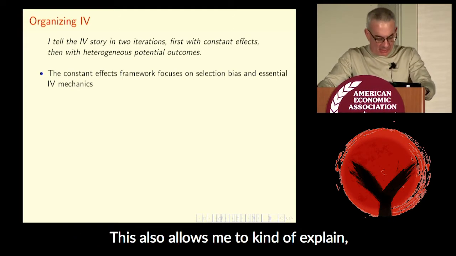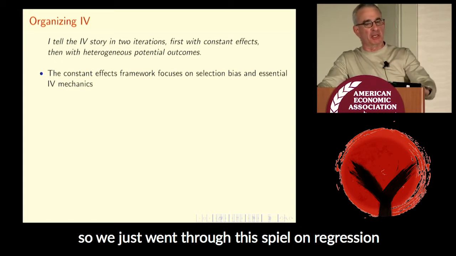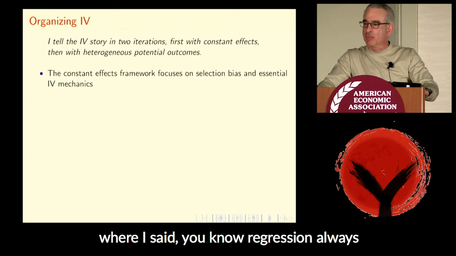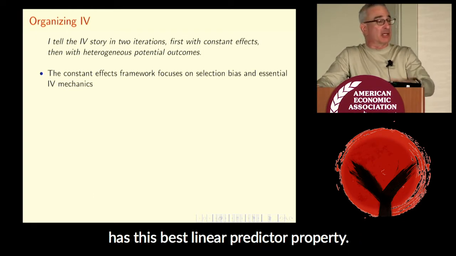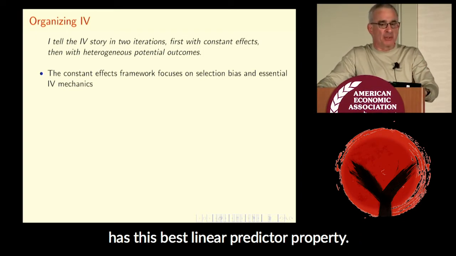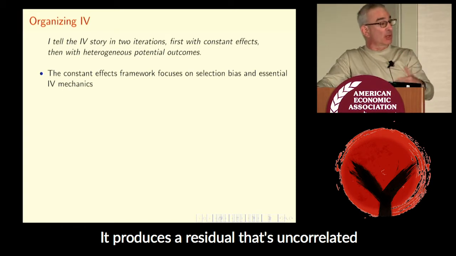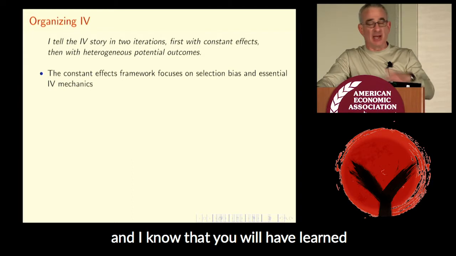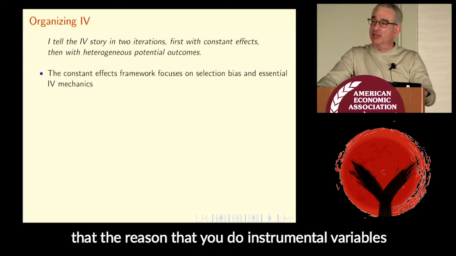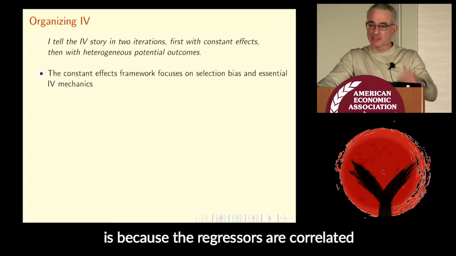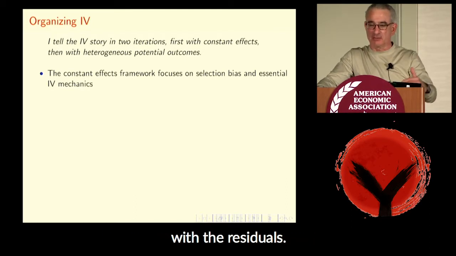This also allows me to kind of explain. So we just went through this spiel on regression where I said, you know, regression always has this best linear predictor property. It produces a residual that's uncorrelated with the regressors. And I know that you will have learned that the reason that you do instrumental variables is because the regressors are correlated with the residuals.